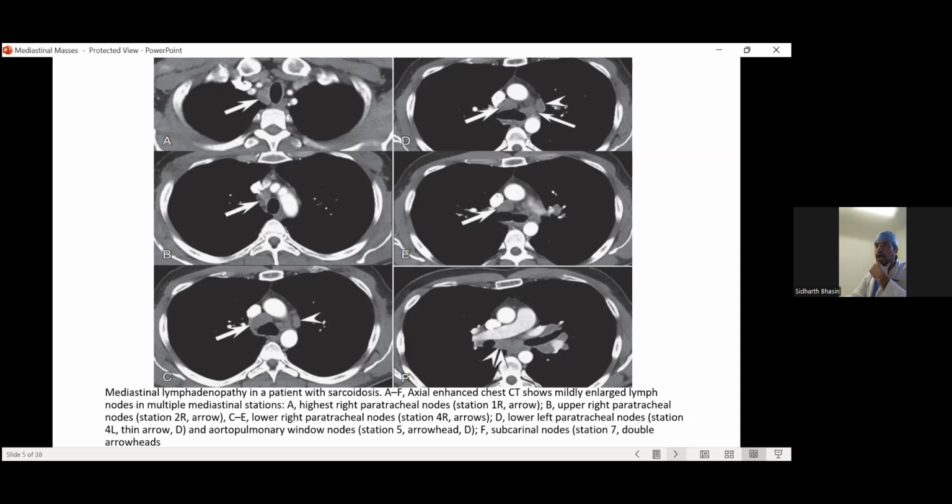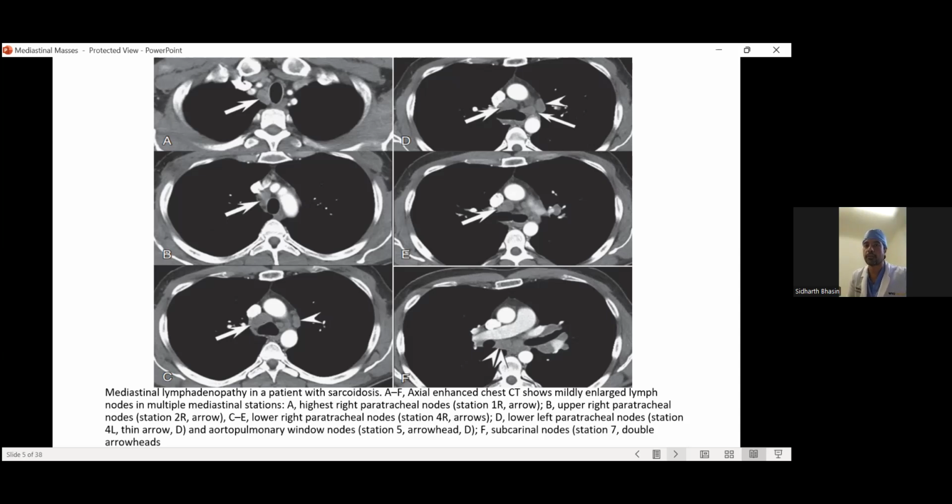So anatomically, in terms of the CAT scan, you can see that on the right side, anything above the azygos is a 4, and anything below the azygos is a 10. On the left side, in between the aorta and the pulmonary artery is a 4L.